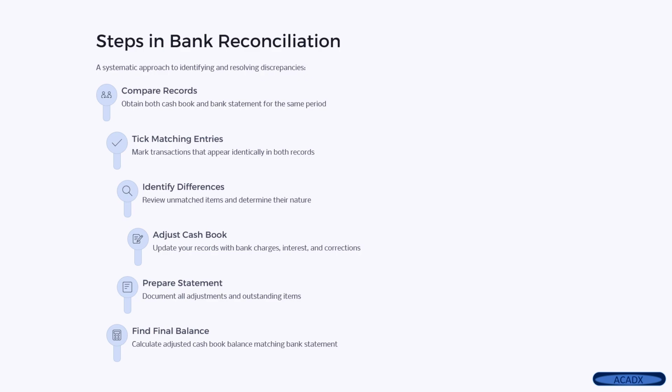The third step is to identify the differences, like find unmatched items. And number four is adjust your cash book. Update for changes, interest, or errors. And the fifth step is to prepare the reconciliation statement. And the last step would be to calculate the final balance. Both records should now match.